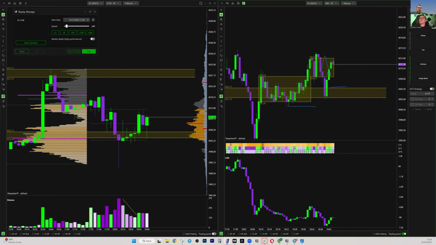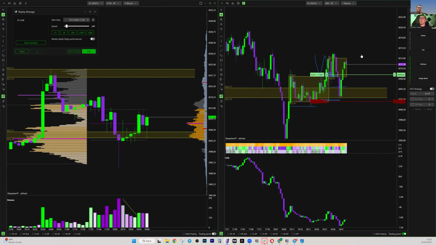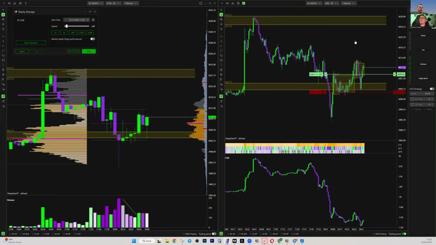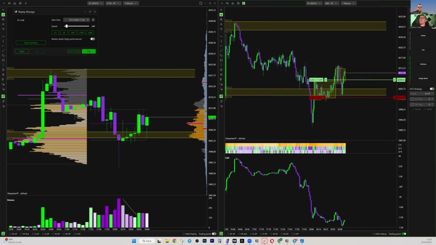We can enter here and put the stop loss below here, because we had a P shape, we broke out to the downside, and we broke back in. Stop here, for example, or here. I like the more passive stop below the business zone. And for the target, we're going to have something like this. It's the other side.